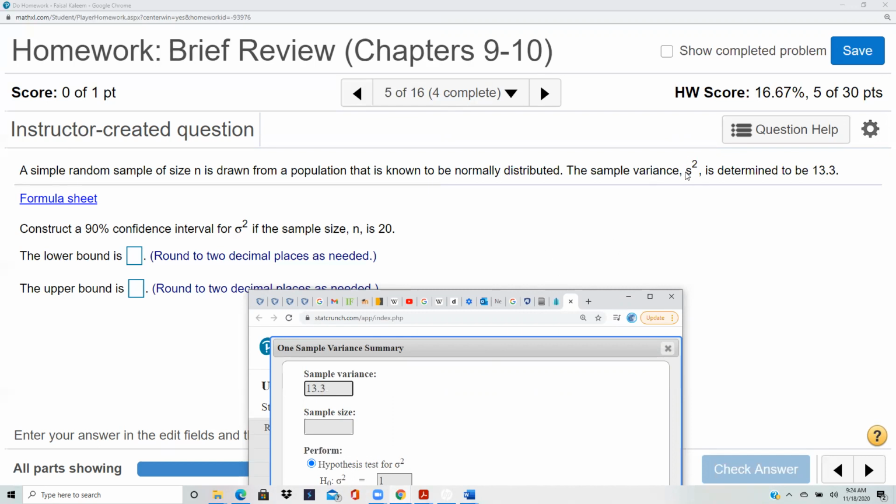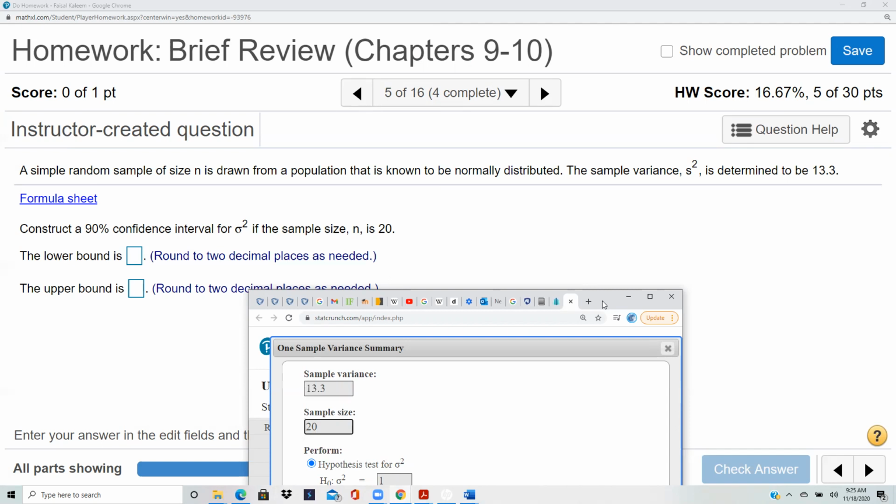What do they give instead? Just the S. So then you know that since the box is calling for variance, you have to square that. But here it's already a square. And so n is 20. Yes. Sample size is 20.